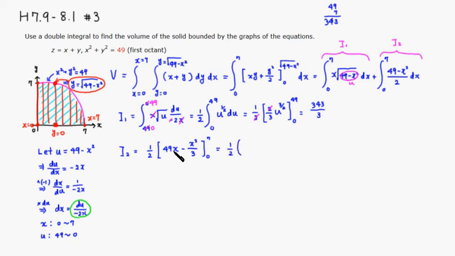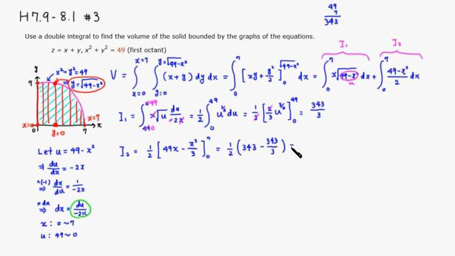So 1/2 is here, and plug in 7, so 49 times 7, we just did that one, 343, and a minus 343, because 7 cubed over 3, right?